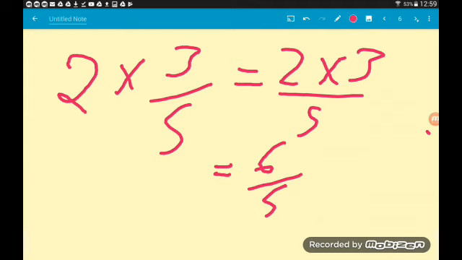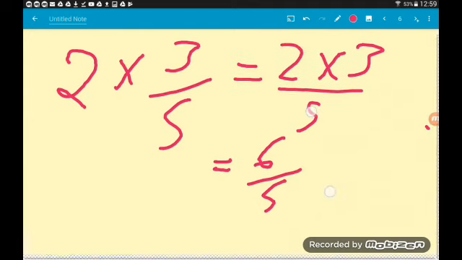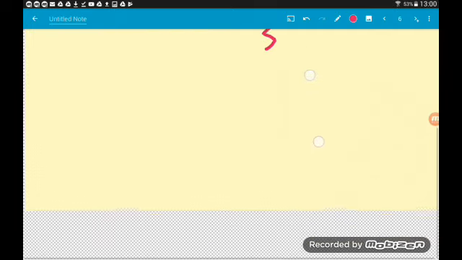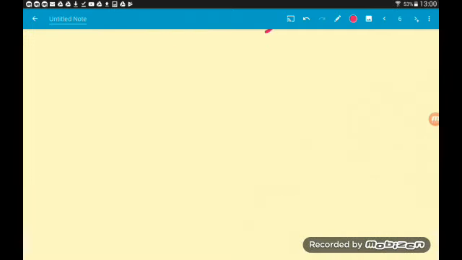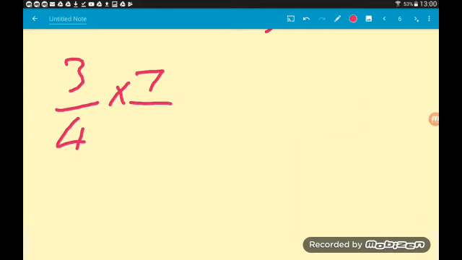So that's how we multiply a fraction by a whole number. It does not affect the bottom of the fraction. Okay, so what about multiplying a fraction by a fraction? So something like 3/4 times 7 over 11. Multiplying a fraction by a fraction is the nice one. It's the one that works how you think it should.